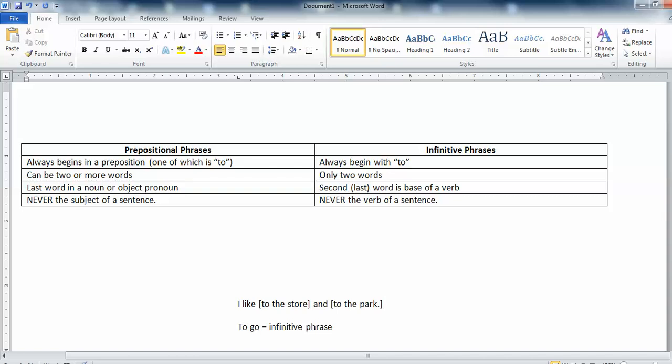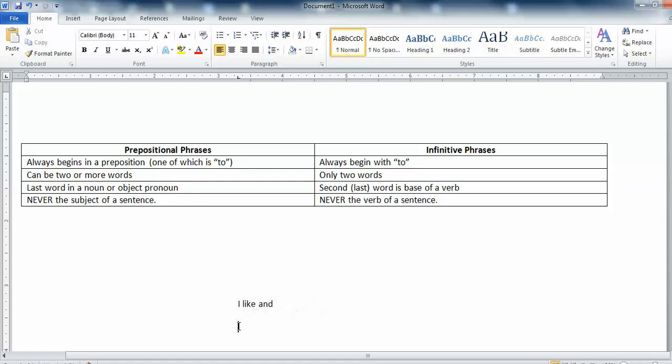But anyway, 2 prepositional phrases here, to the store and to the park. Both begin with to, which a prepositional phrase doesn't have to begin with to, but these do. They are 2 or more words, in this case both of them 3 words, and they end in nouns, store and park, right? So those are prepositional phrases. So I'm going to get rid of those for a second. So we know what those are, right? So you bracketed those, and I'm just going to delete them out for a second.